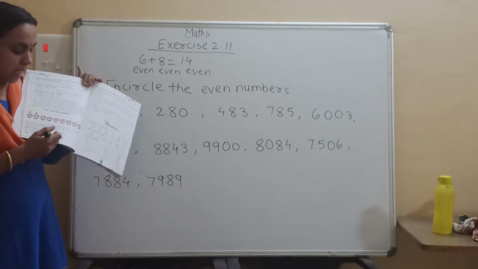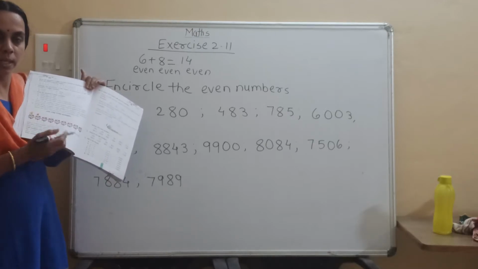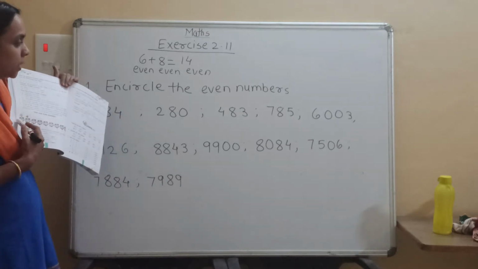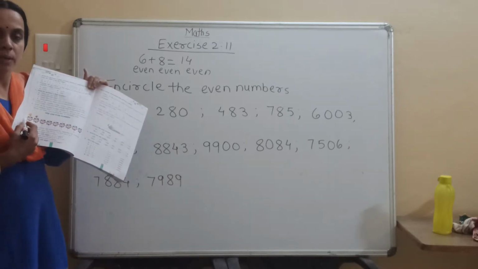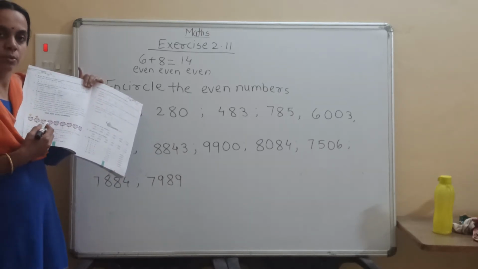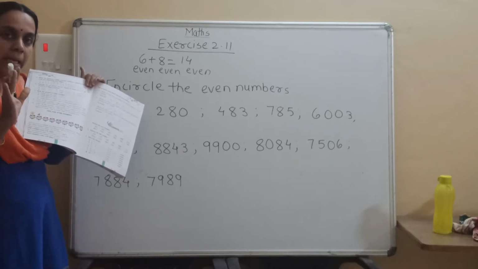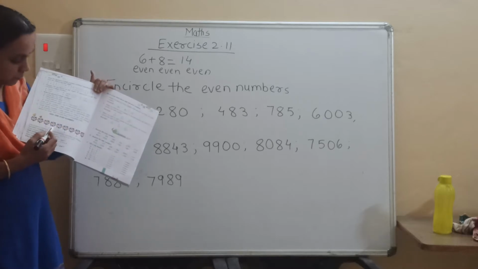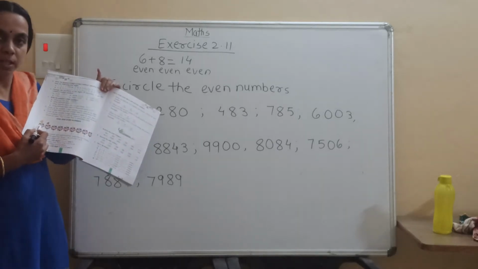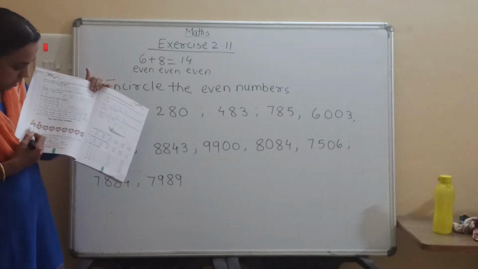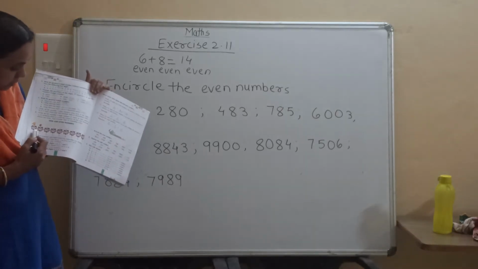So that is called even numbers. And what is the meaning of odd numbers? Odd numbers are 1, 1 plus 2 is 3, 3 plus 2 is 5, 5 plus 2 is 7, 7 plus 2 is 9, 9 plus 2 is 11.